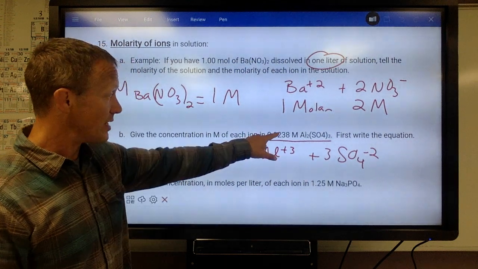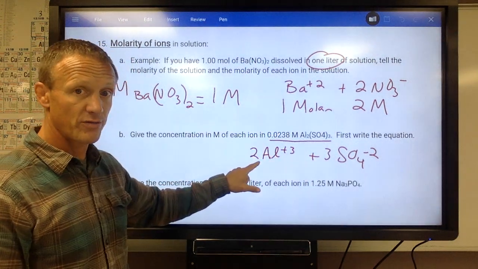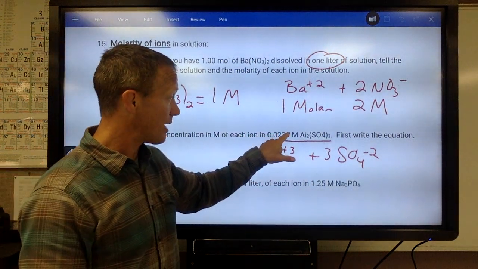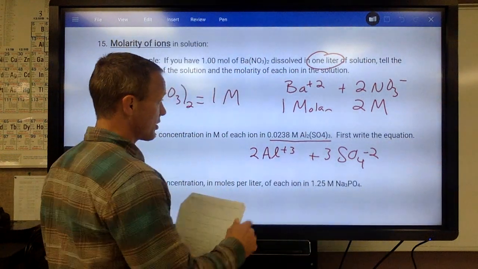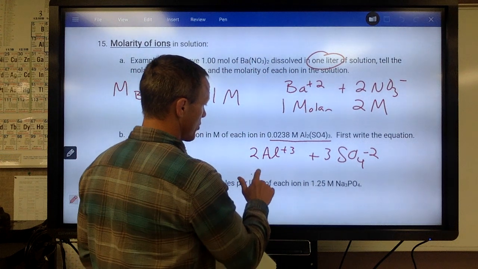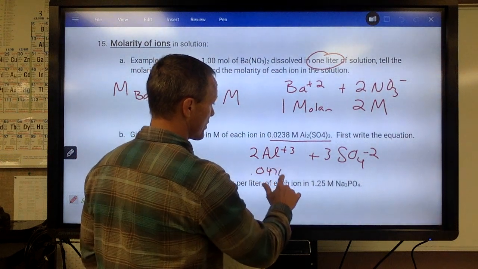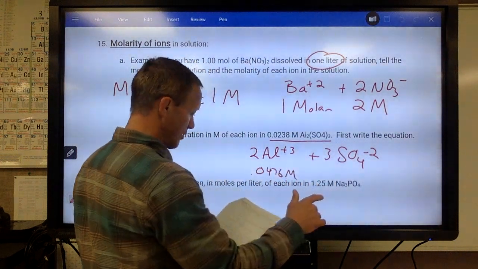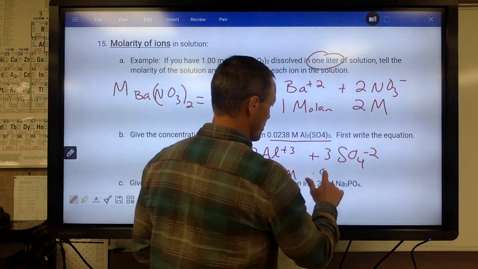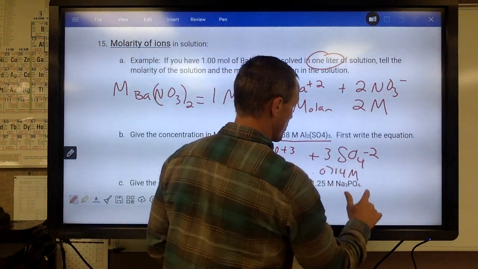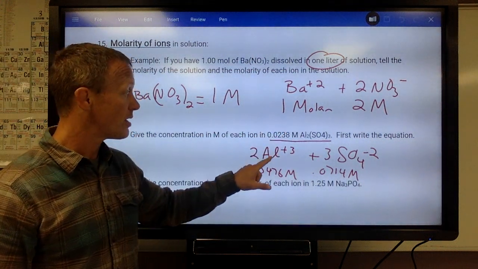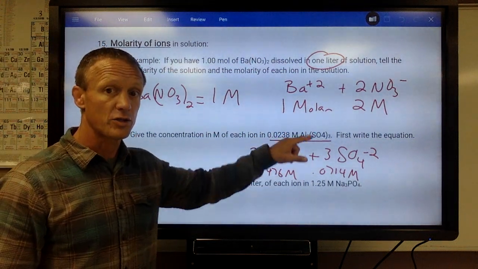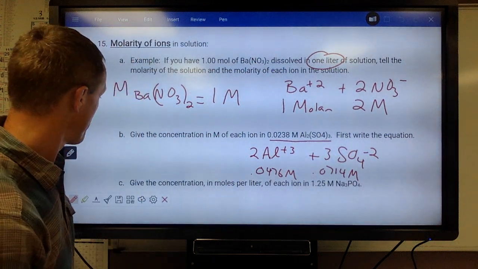So we have to take this molarity times 2 to get the concentration of aluminum ions, and that molarity times 3 to get the concentration of sulfate ions. So our aluminum ion concentration, this times 2, would be 0.0476 molar. That times 3 would be 0.0714 molar. So even though the whole compound is only this molarity, the aluminum ion concentration is double that, and the sulfate ion concentration is triple that.